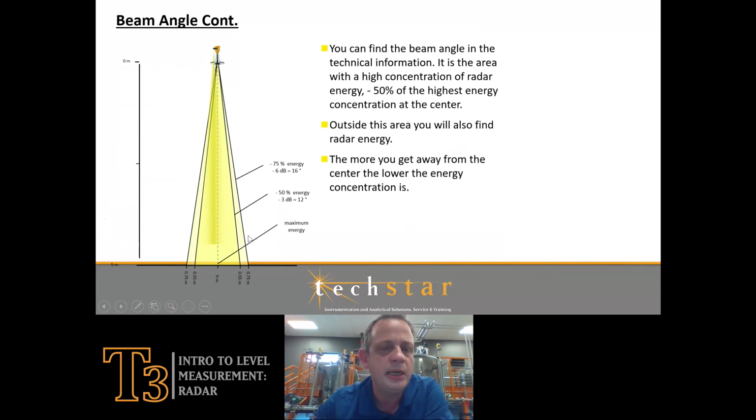So if I have maybe some interior brackets on the vessel, or some interior piping, and it catches some of this, that could give me some small false signals. But as long as my echo coming off of my product is larger than these, we really don't care. It doesn't matter to us.